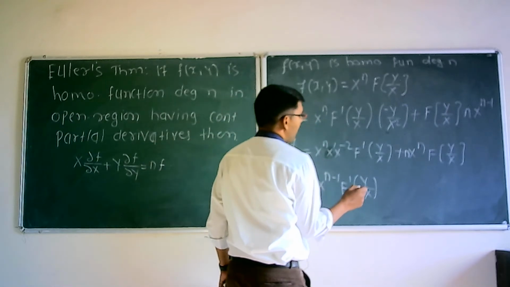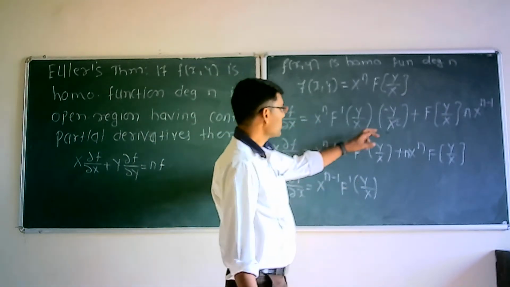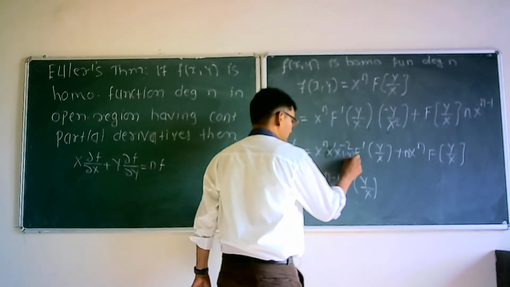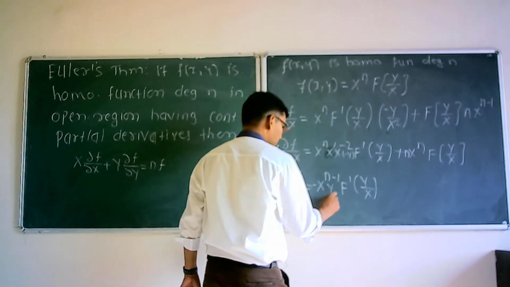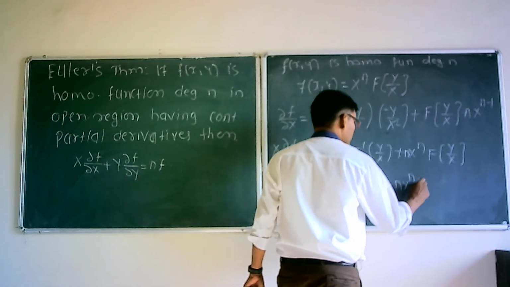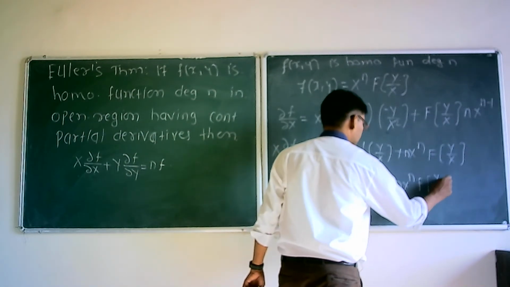And again there is one mistake: minus y by x square, we forgot about minus y, so I am writing minus y here, plus n x raised to n f(y/x).